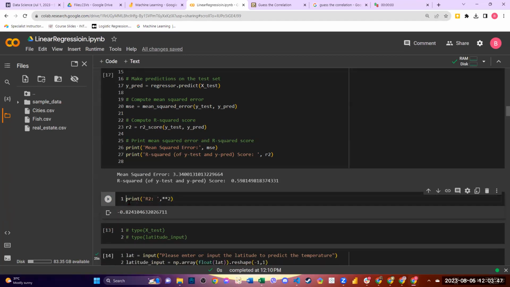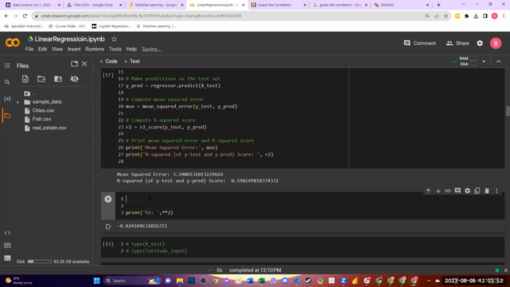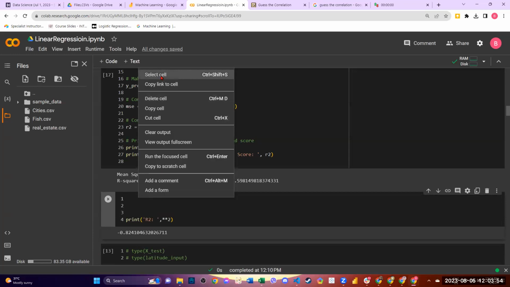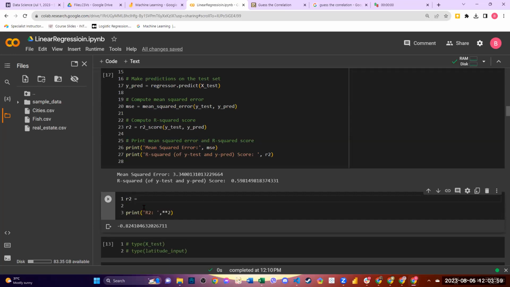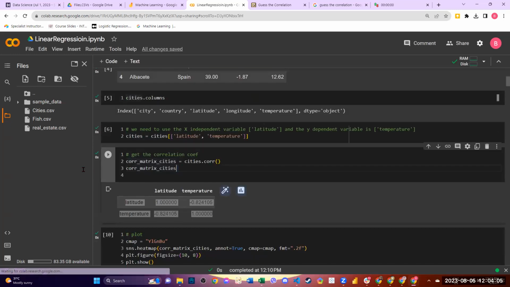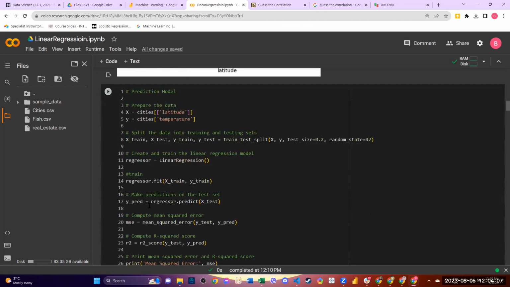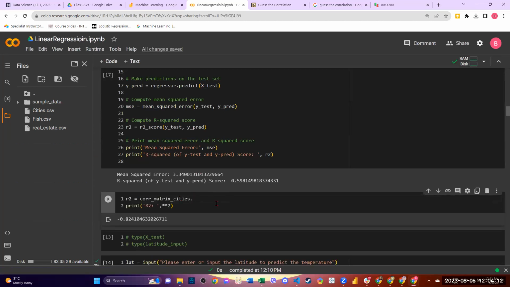So this one, to get the R squared, R squared is the correlation matrix, dot tail, 01, multiplied by 2.